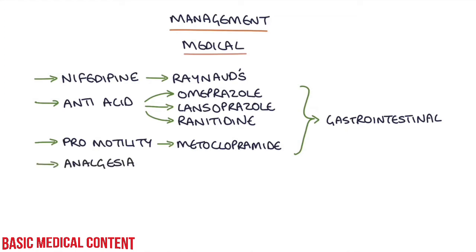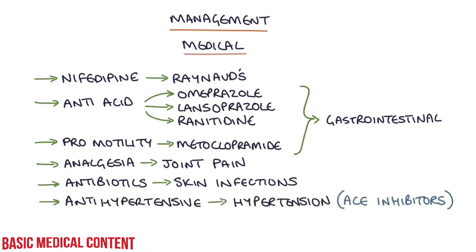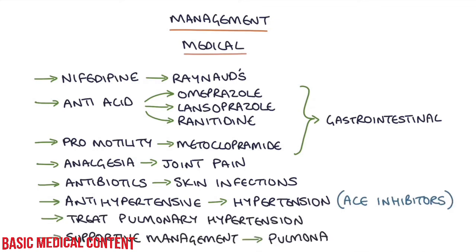Analgesia or pain medication can be used for joint pain. Antibiotics can be used to treat skin infections. Antihypertensive medications can be used to treat the hypertension, and usually we use ACE inhibitors. We can also treat the pulmonary artery hypertension and provide supportive management for pulmonary fibrosis.